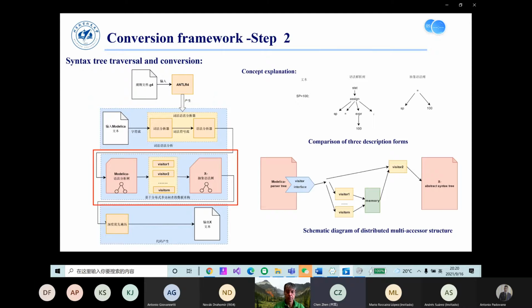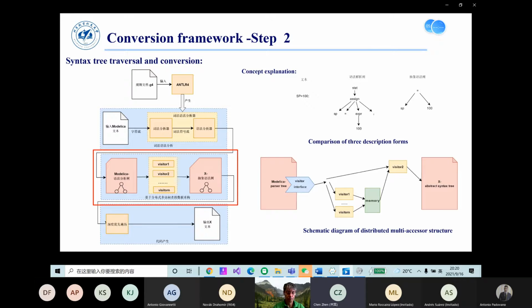The second step is to transform the syntax analysis tree of the input language into an abstract syntax tree of the output language. Here is an example to show the difference between the parse tree and the abstract syntax tree. Here we use a form of multiple visitors to operate the syntax tree through the interface file generated in the previous step.